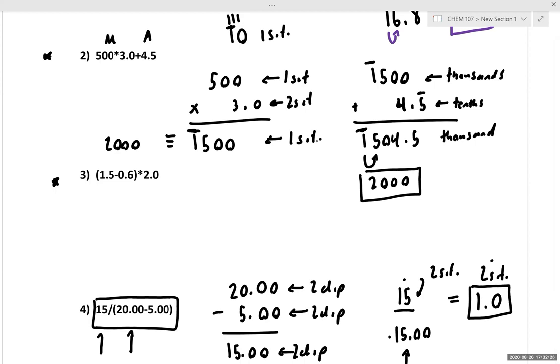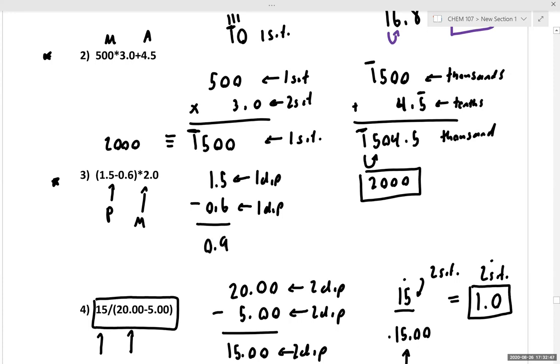Perfect. So looking at this next example, we have a value and an operation in parentheses. So we'll do parentheses first, followed by multiplication. If we have 1.5 minus 0.6, our top number has 1 decimal place, our bottom number has 1 decimal place. That in turn gives us 0.9 with 1 decimal place.